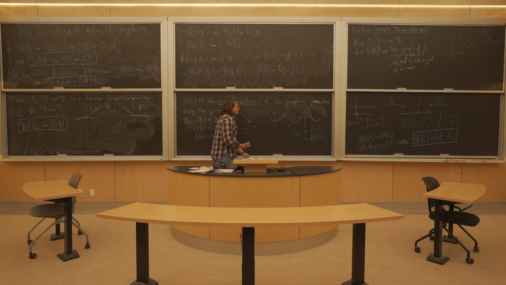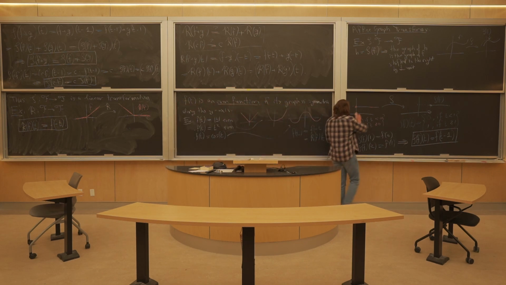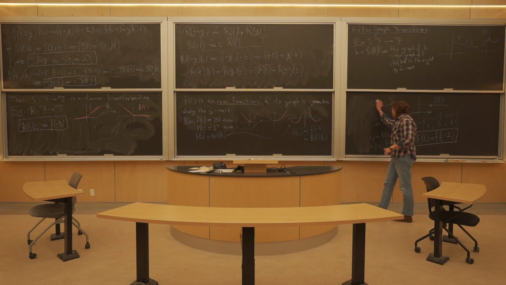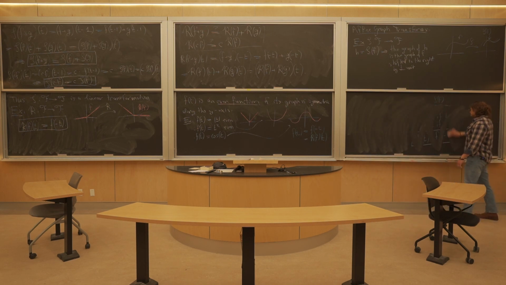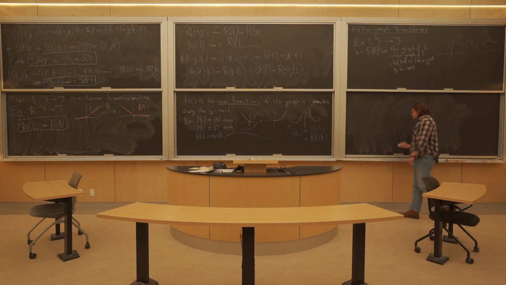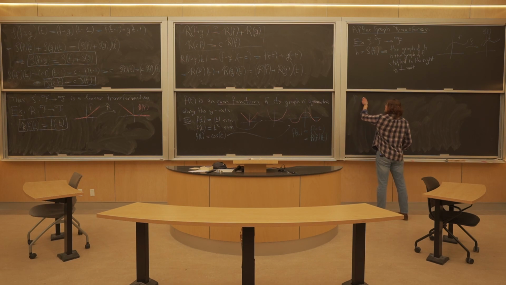And so now you see I can think of what it means for a function to be even like this. I can abbreviate it like so: f is even if r of f equals f. You apply this r transformation to it, it's a linear transformation, and you get back the same thing.